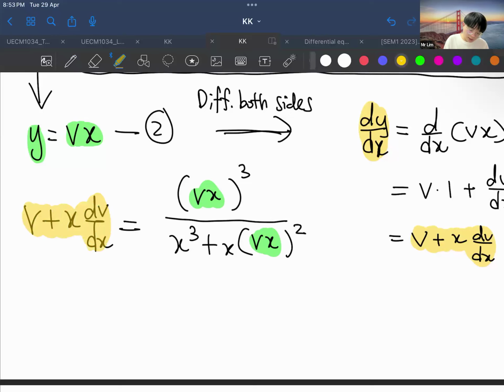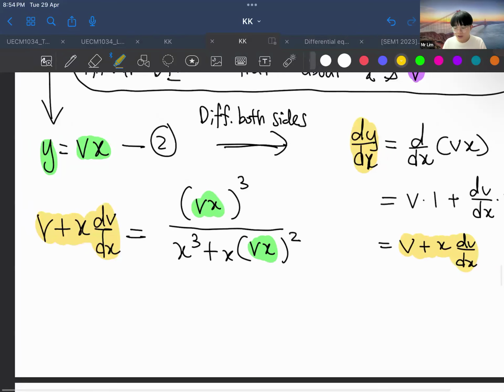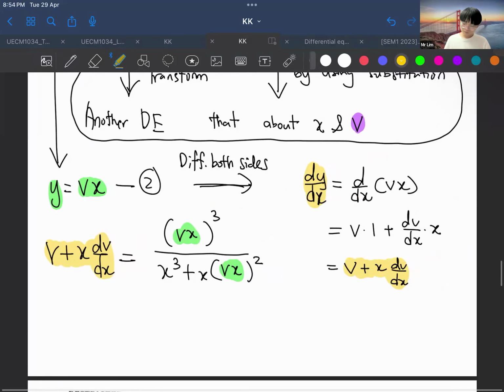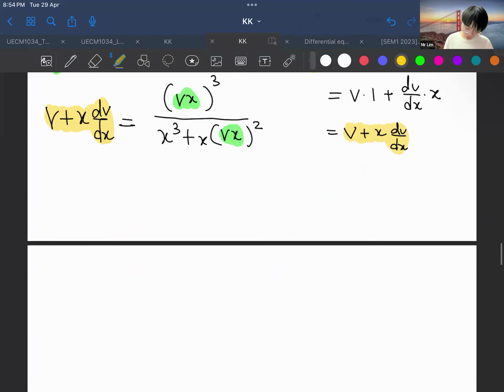Now we try to simplify this, and you will find out that this equation can be solved, either using separable or linear, depending on how wise you are. Let's do it together.